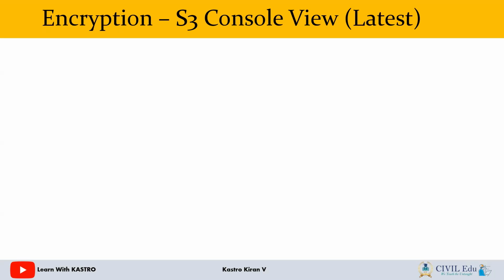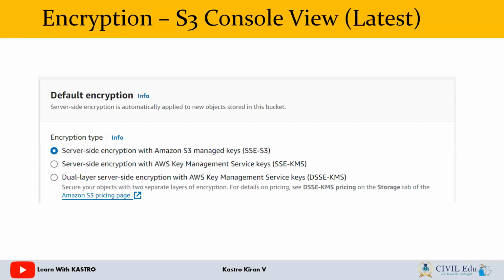Now let us look at how the encryption options are available in the AWS console, especially in the S3 service. As I was telling, by default, whenever you are creating an S3 bucket, SSE-S3 will be enabled. If you want to explicitly enable the KMS or DSSE, that is dual layer server side encryption with KMS, you have to explicitly enable this option.